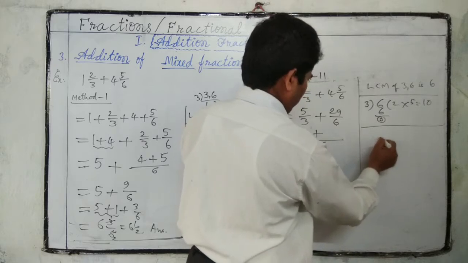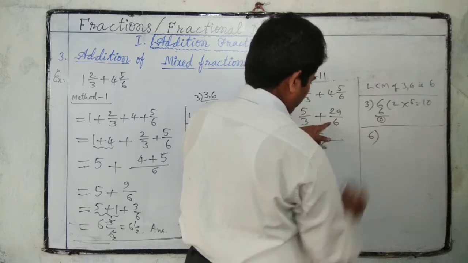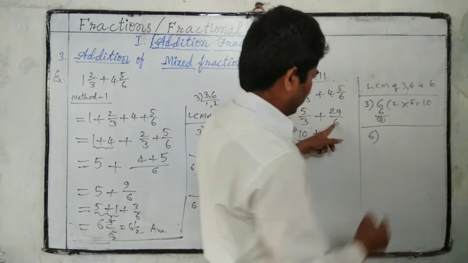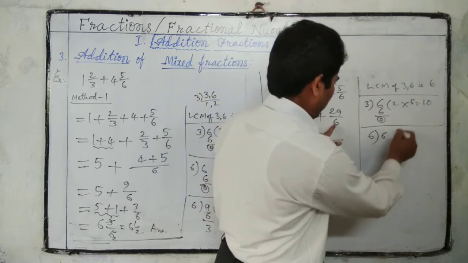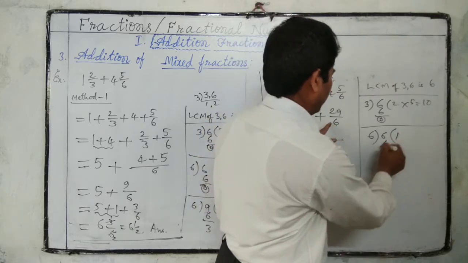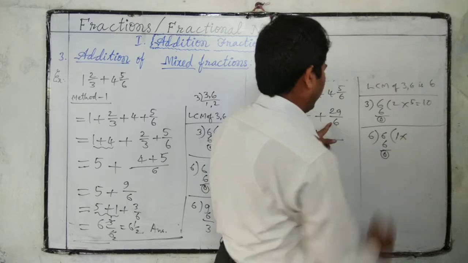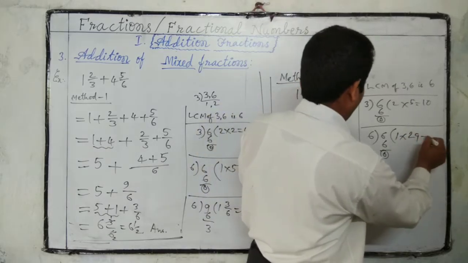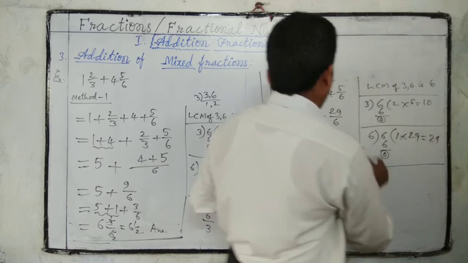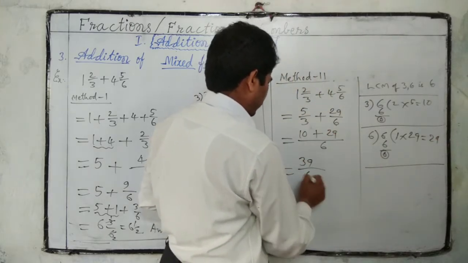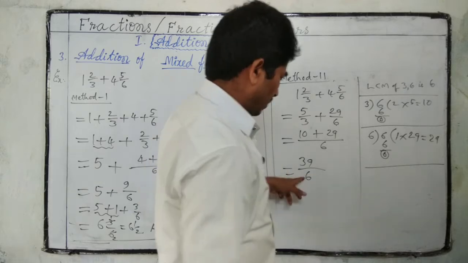Again divide this LCM with the denominator of the second fraction. 6 ones are 6, and multiply this quotient with the numerator of the second fraction, 29. So 39 by 6. We have to convert this.